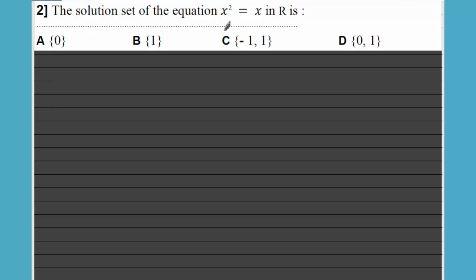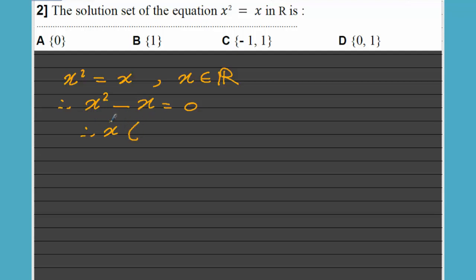Next, the solution set of the equation x square equals x, where x belongs to R and R is the set of real numbers. So to solve this equation, put it in the form x square minus x equals 0. To factorize this equation, we will take x as a common factor.